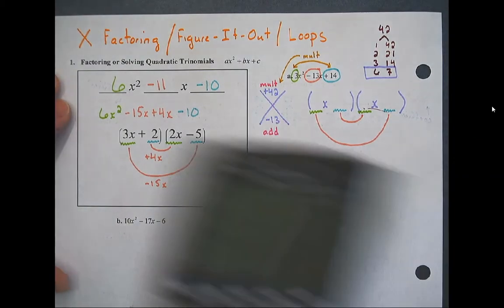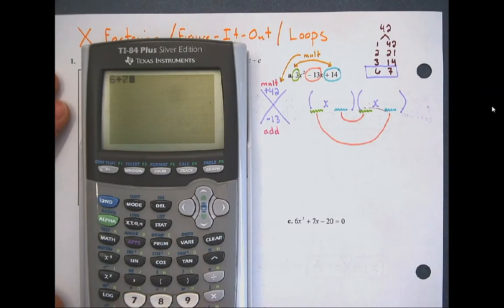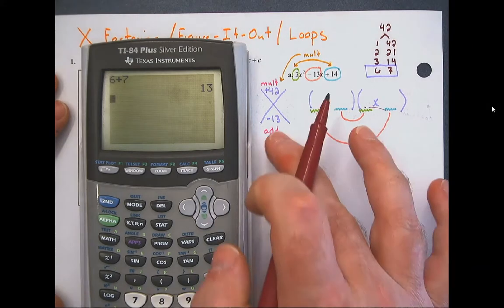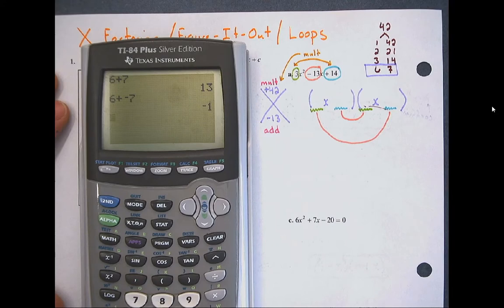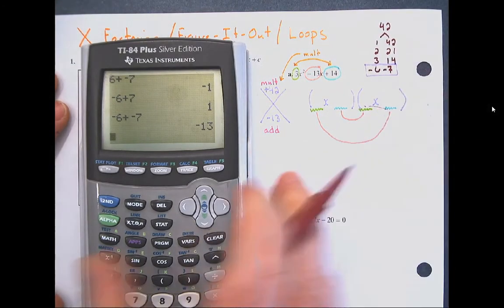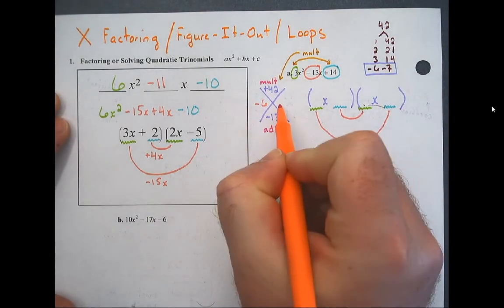If you're not sure, look, there's only 4 possibilities. 6 plus 7, that made 13, not negative 13. 6 plus negative 7, nope. Negative 6 plus 7, nope. Negative 6 plus negative 7, yep. So they both need to be negative. So now I'm going to come back to my little chart here, and I'm going to use this color, negative 6, negative 7.